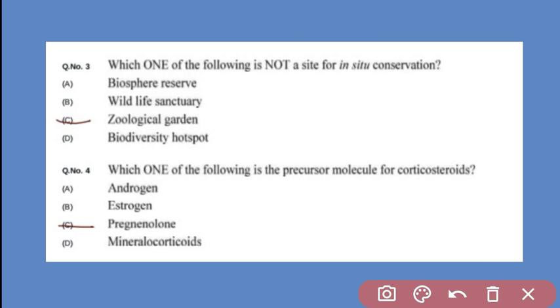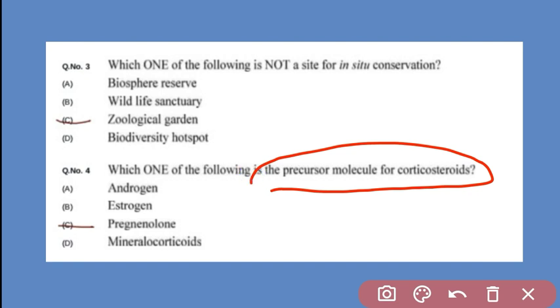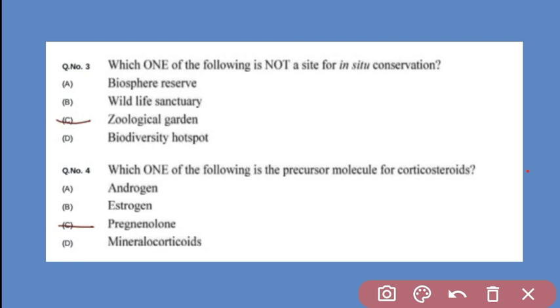These steroids act by binding to intracellular receptors, which then modulate gene transcription in a target tissue. So the precursor molecule for corticosteroids is progesterone. Option C is the answer to this question.